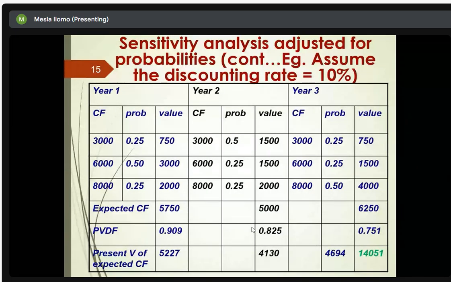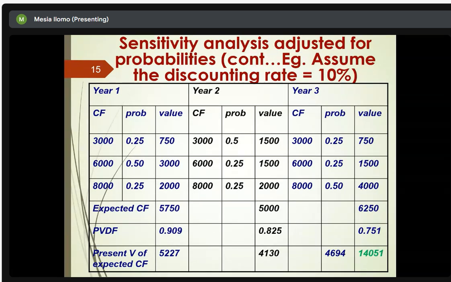Yes. So the present value of this project is 14,051. When you have different probabilities for different years, this is how you adjust for probability, or this is how you do the sensitivity analysis.